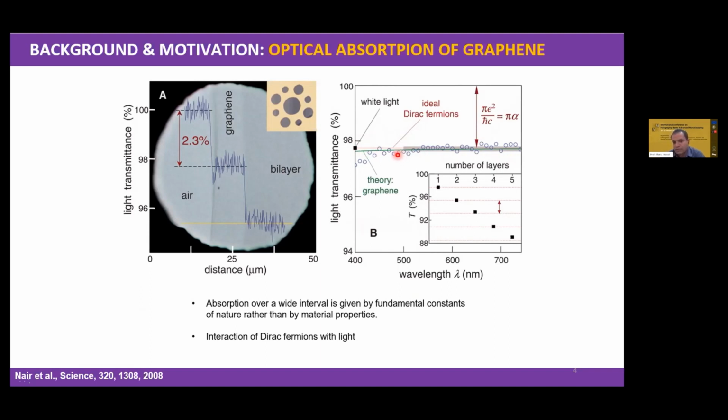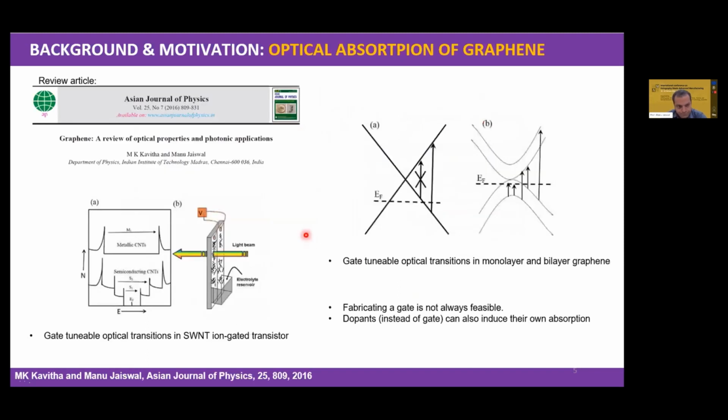The reason, of course, is that there is a linear dispersion relation for electrons, and light also has a linear dispersion relation, leading to this special interaction. This property has been verified by transferring graphene to TEM grids, where every successive layer absorbs about 2.3% of the light. So is this something that can be tuned or modified is the question.